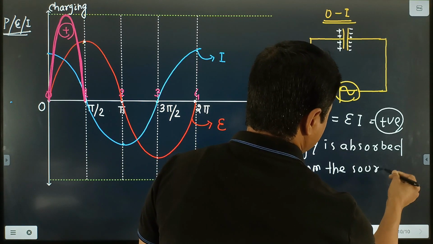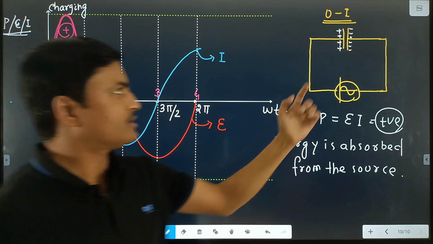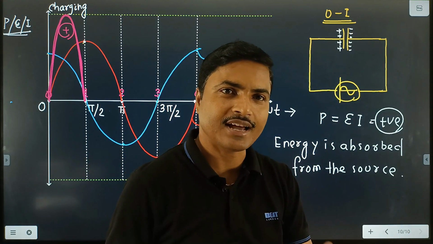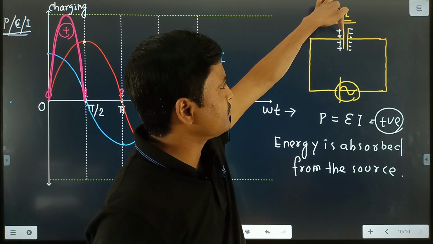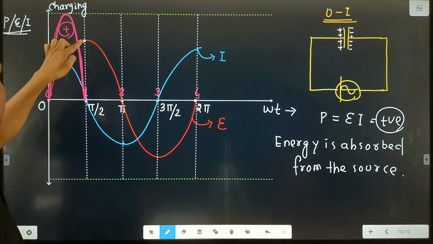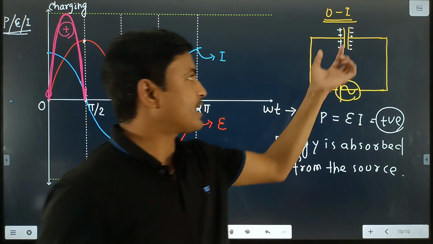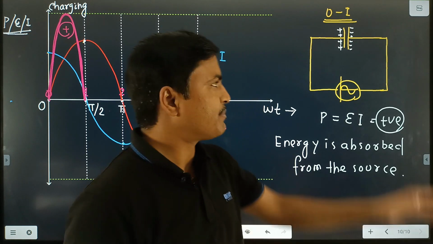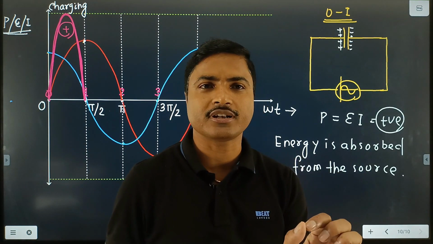from the source. Clear? Once again, between point 0 and 1, voltage is gradually increased, so the capacitor is charged. Voltage is in the positive side, so the first plate of the capacitor is positive charged and the second plate is negative charged. At point 1, voltage is maximum, so the capacitor is fully charged and blocks the alternating current for a very small time.